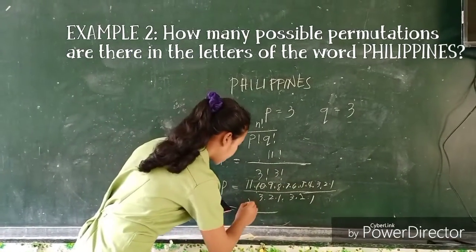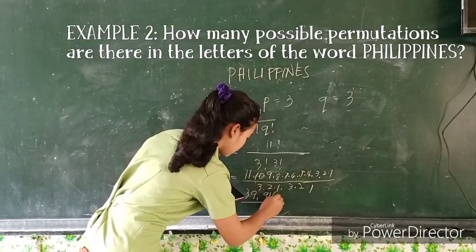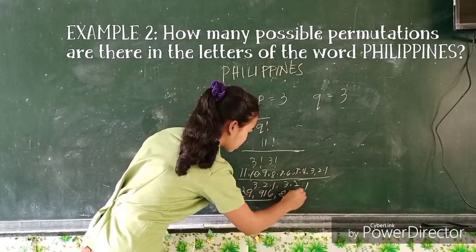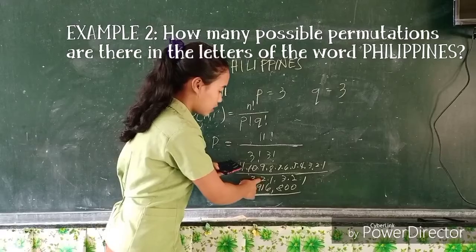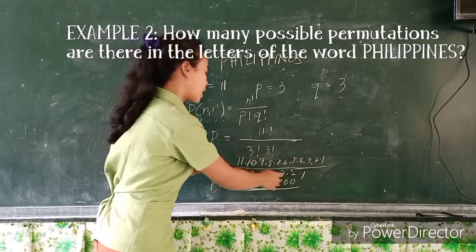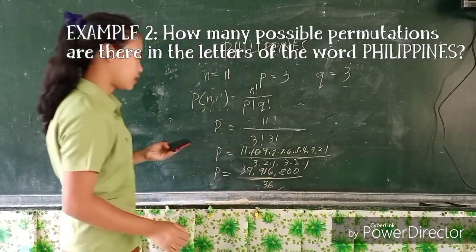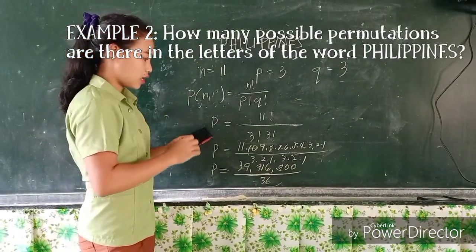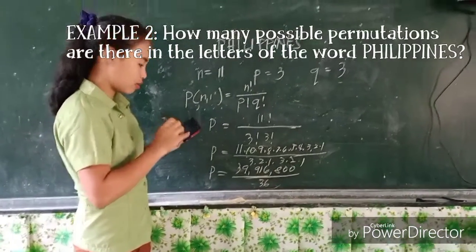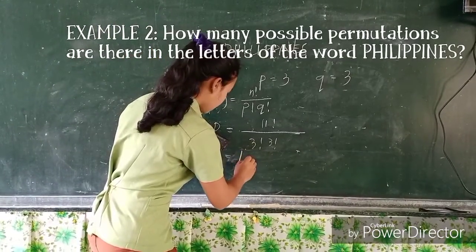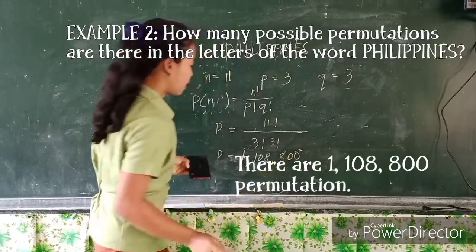We have 39,916,800 over 3 times 2 is 6 times 3 is 18 and times 2 is 36. So we have 36. So 39,916,800 divided by 36. We can get 1,108,800.